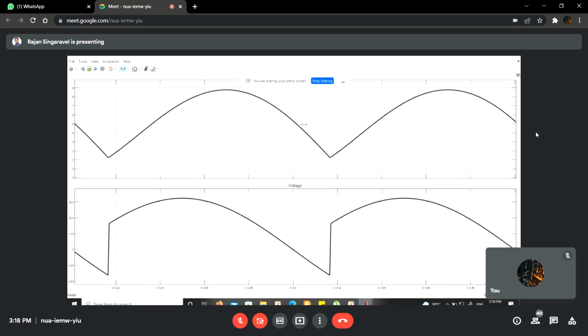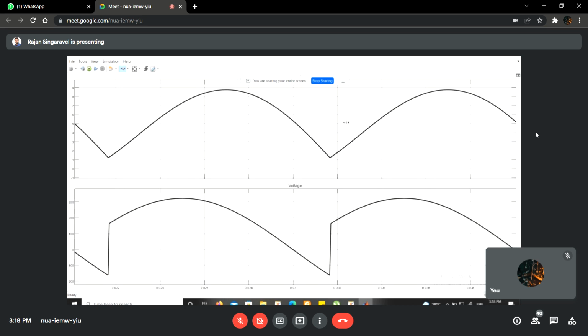So when you multiply these two, we get positive power. After omega t is equal to pi, the voltage becomes negative, but the current stays at a positive value, and the multiplication of both is happening with respect to the load. Here the load is experiencing the negative voltage, but the current is in the same direction.